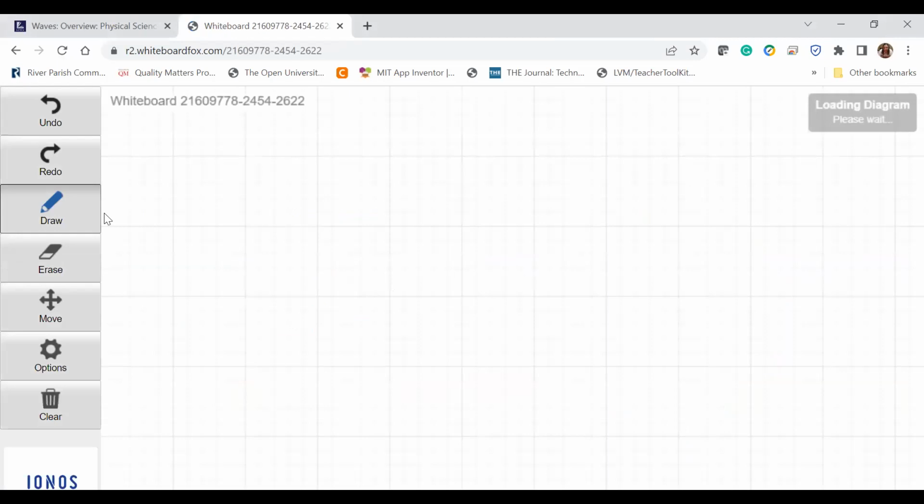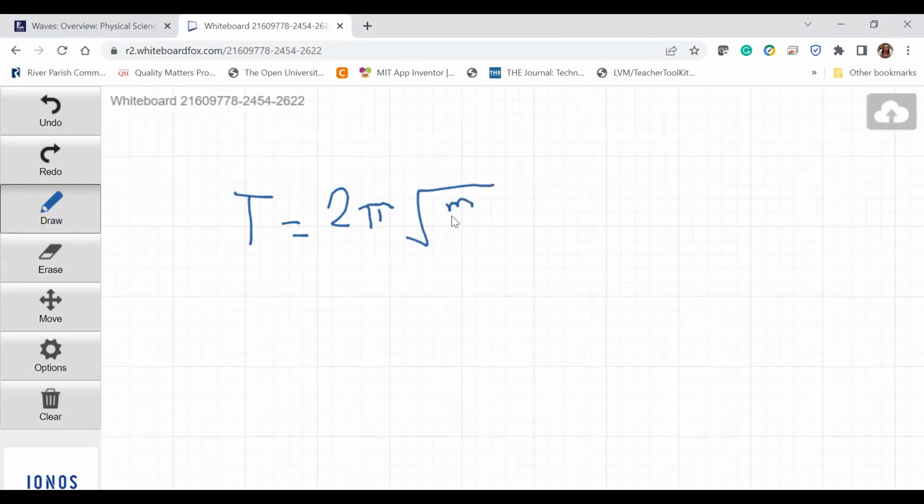Okay, so we can see we have 2 formulas here. T equals 2 pi square root of M over K. That's for our spring system.